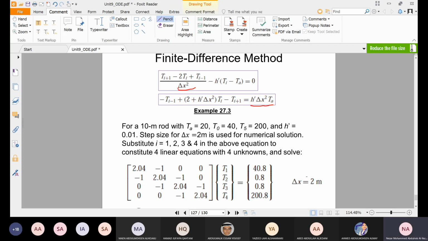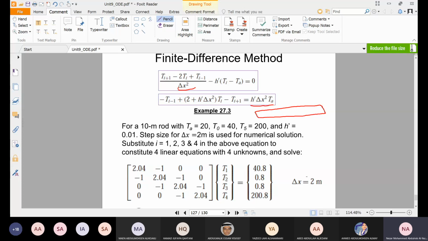So let's take an example from the textbook. We have example 27.3. We have a rod with length 10 meters, and the step size is 2.